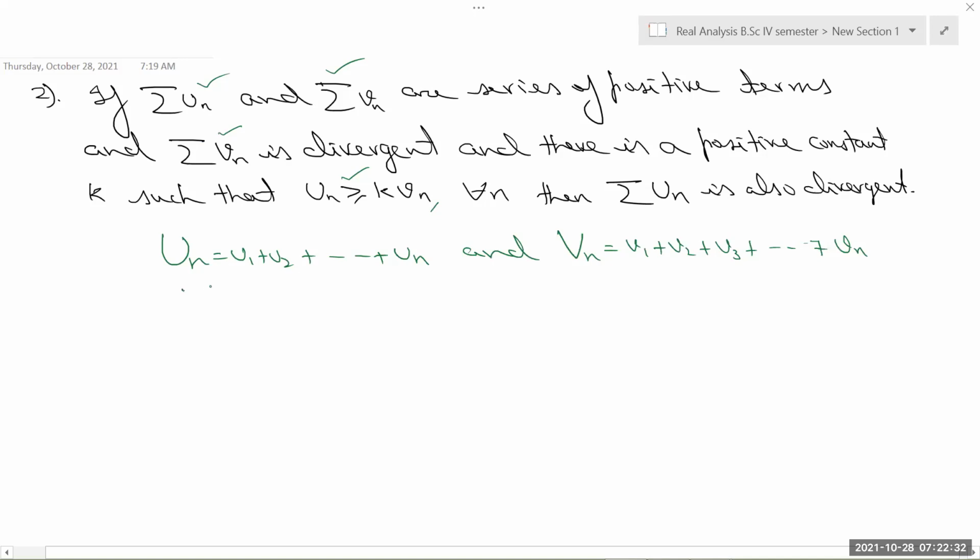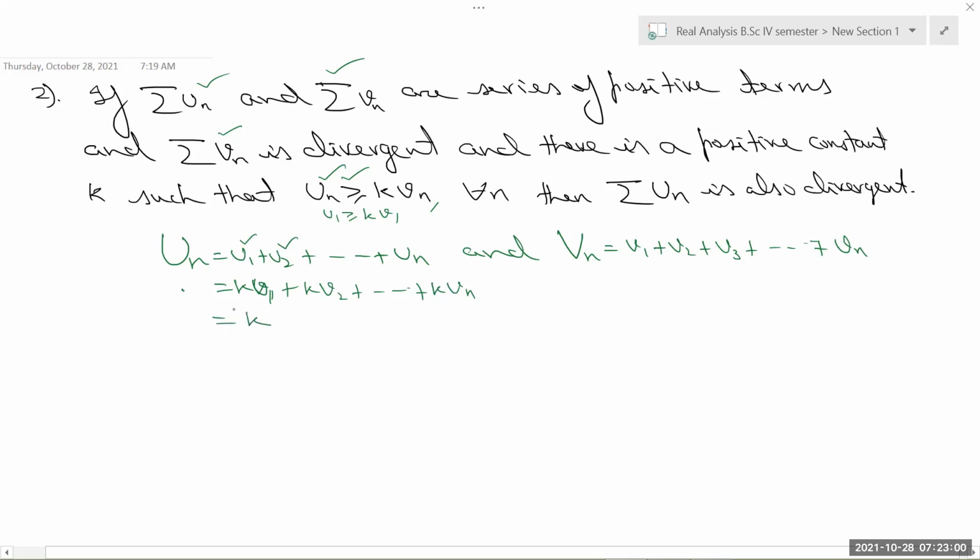So just look at here capital Un. One can write Un as u1 plus u2 plus up to un. And since using this relation, u1 is greater than or equal to k times v1, let us replace this u1 by k times v1. Plus similarly, let us replace u2 by k times v2, plus up to k times vn.